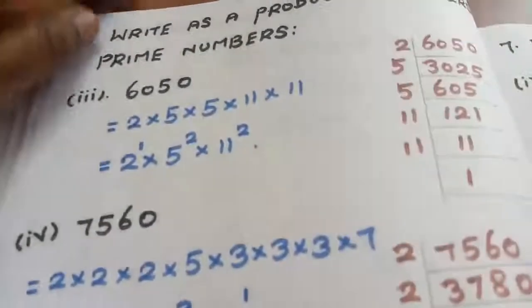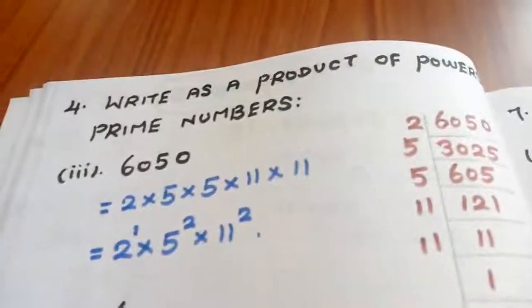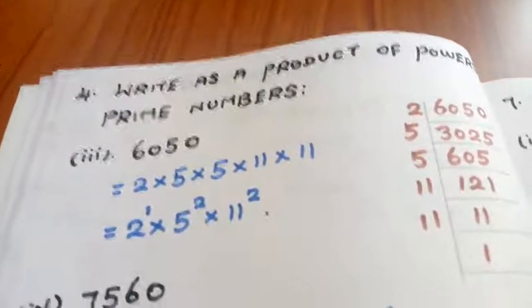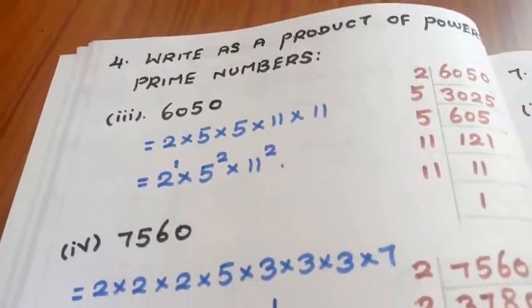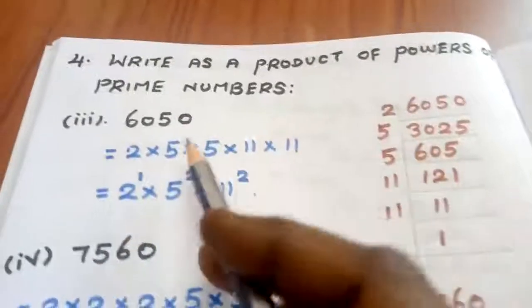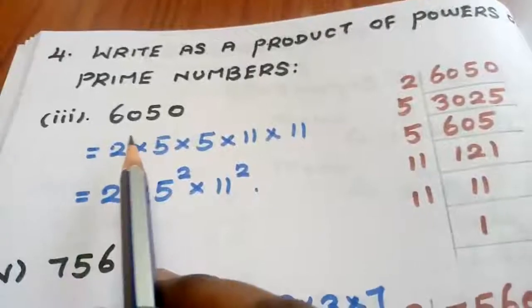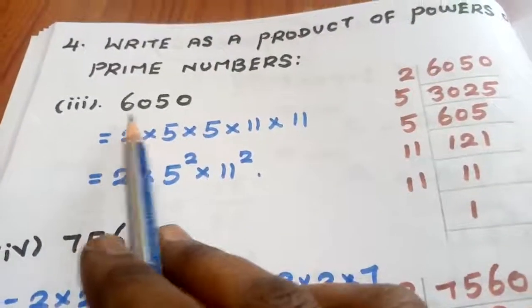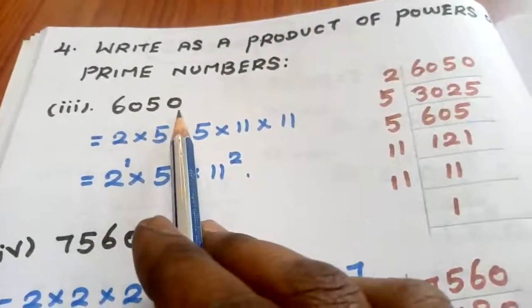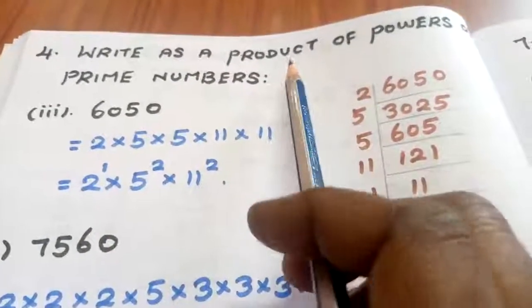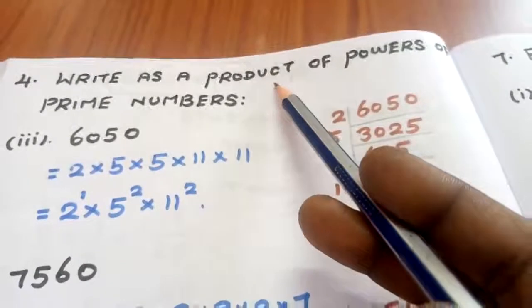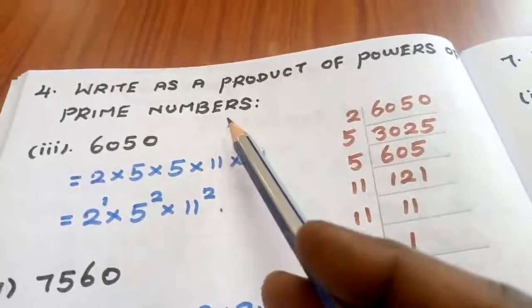Coming to the next question. If you see the next question here, write as a product of powers of prime numbers. If you take this particular question, 6050, they are asking you to write it in the form of a product of powers of prime numbers.